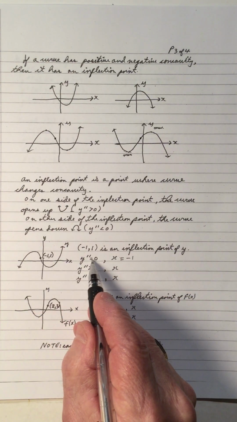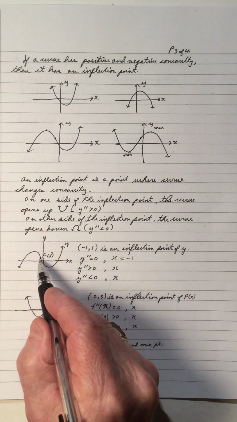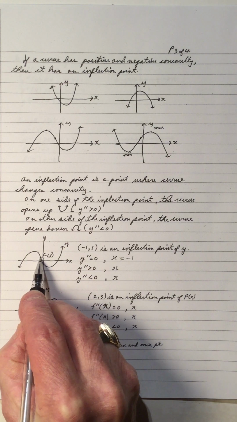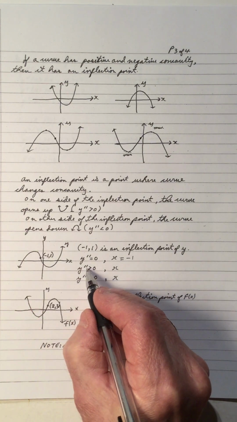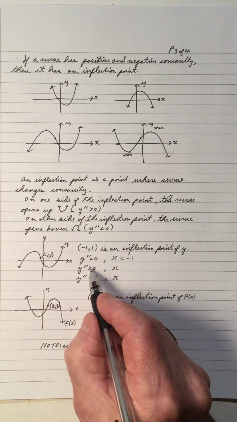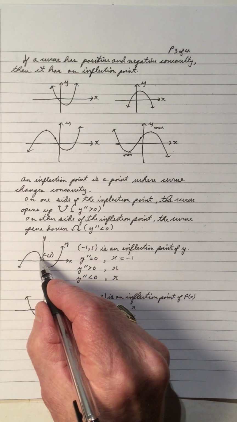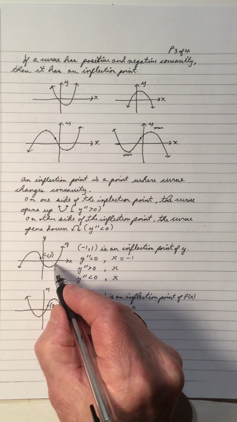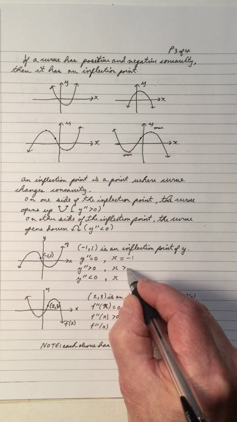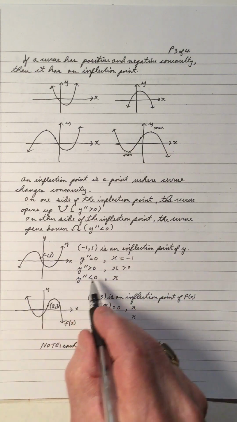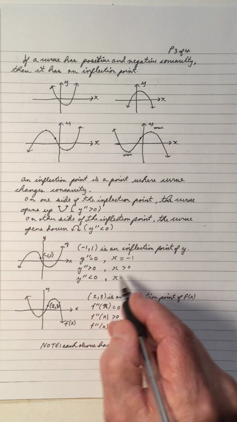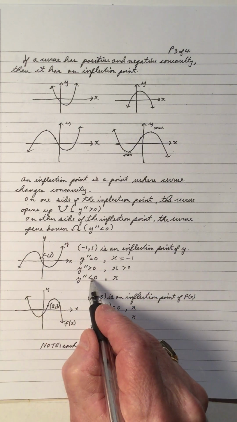When we get a 0 for the second derivative, that's the value of x where the inflection point occurs. Now, if f double prime is greater than 0, greater than 0 means positive. Positive is this, opens upward. So that's when x is greater than negative 1.